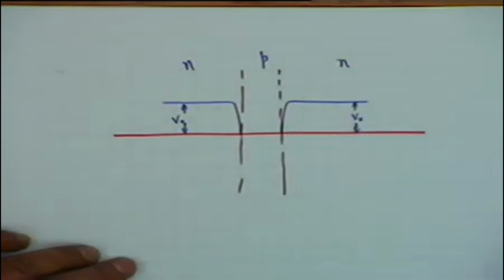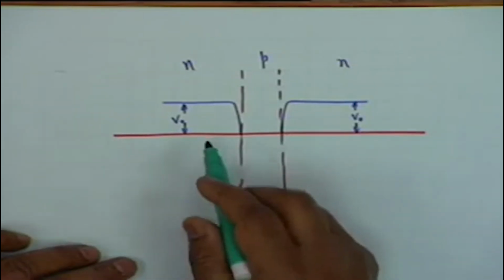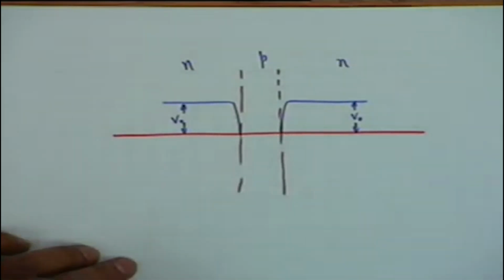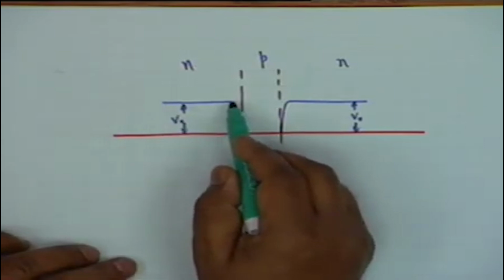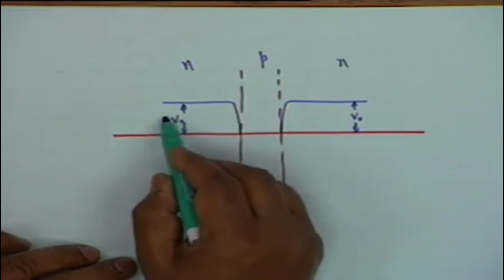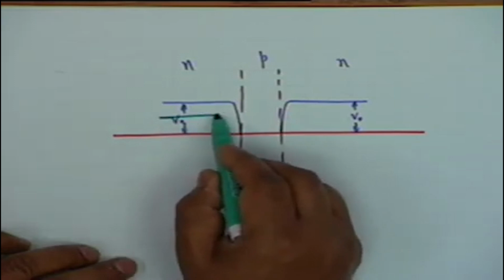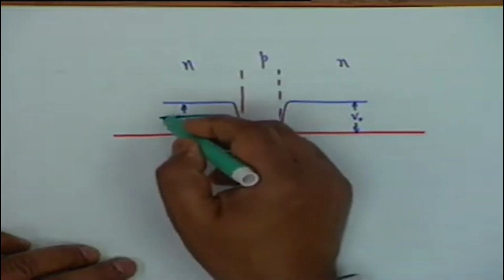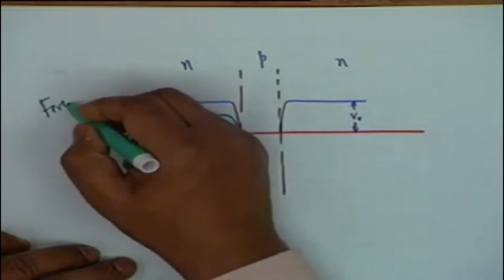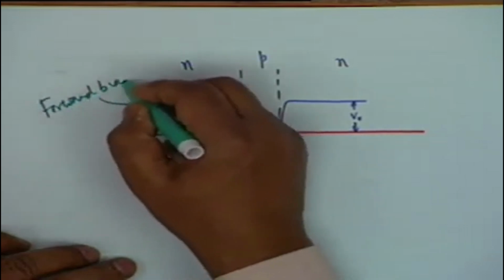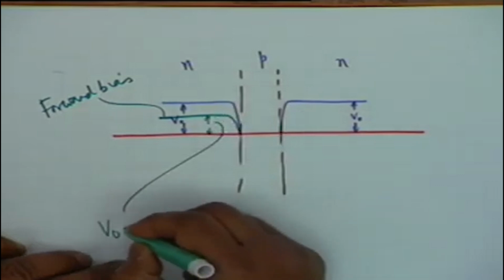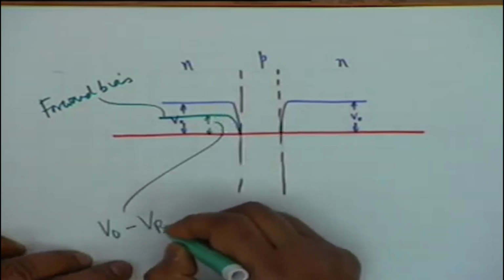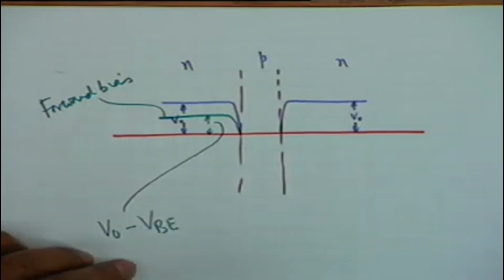If the input junction, that is the emitter base junction, is forward biased, then this barrier shall come down. So with forward bias it would be something like this, and this height shall now be V0 minus VBE, the amount of forward bias.